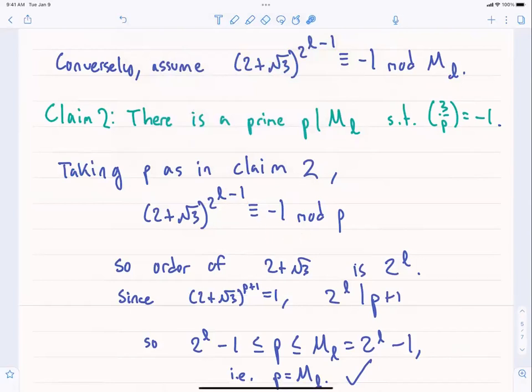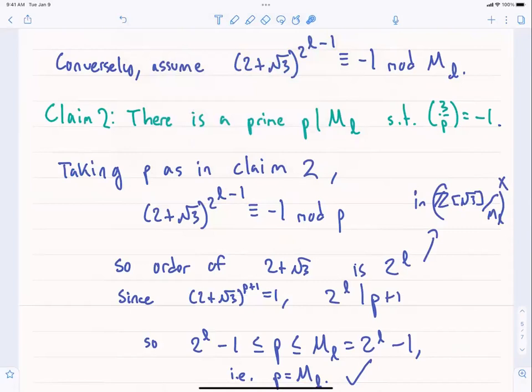That tells me the order of the element 2 plus square root of 3 is 2 to the L in Z[square root of 3] mod L cross, where you can think of this element as living. So it has order 2 to the L, and this is just by the lemma that we used last time.